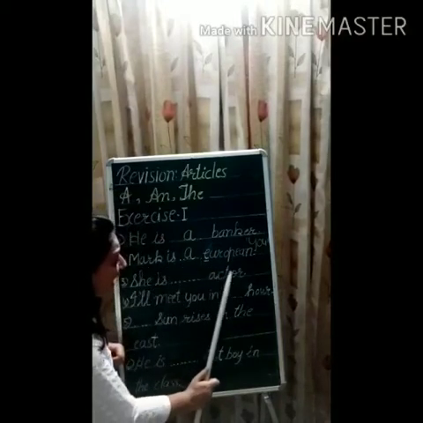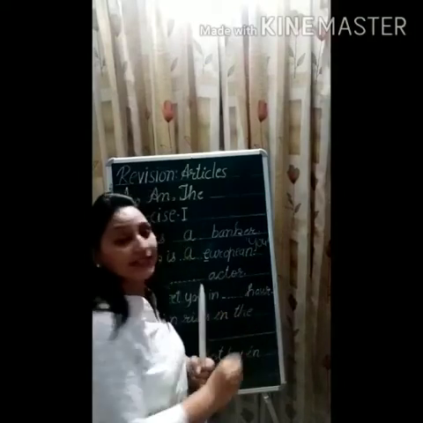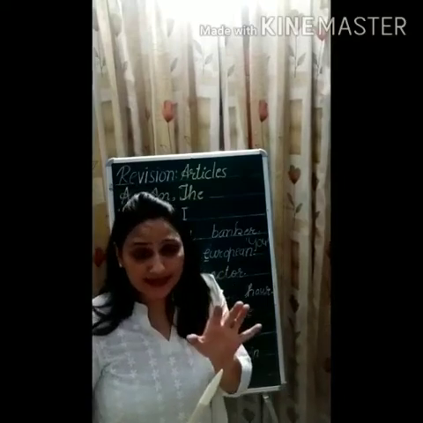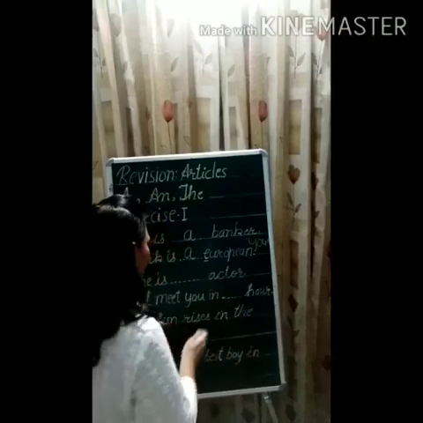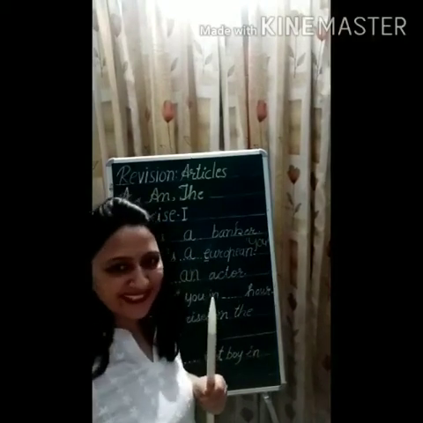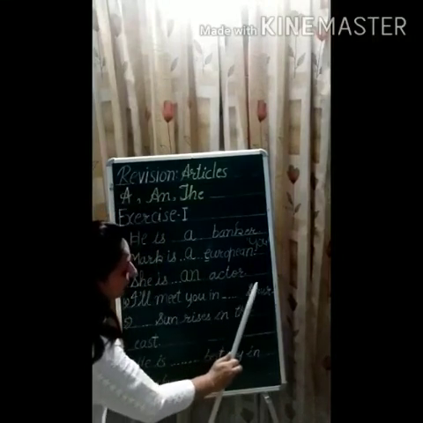Now look at this one: She is dash actor. My dear student, the initial letter A has a vowel sound. When I pronounce this, air comes out without friction. That's why we will use an before this word. I hope it is clear to you. Now look at the other one: I will meet you in dash.